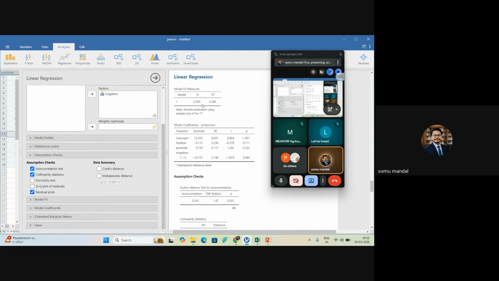This is called the multiple correlation R. R square means the coefficient of determination, which means how well the independent variables explain Y. So from your result, 34.6%, near about 35%, these particular independent variables estimated 35% of your agricultural productivity. This means this model is not suitable.